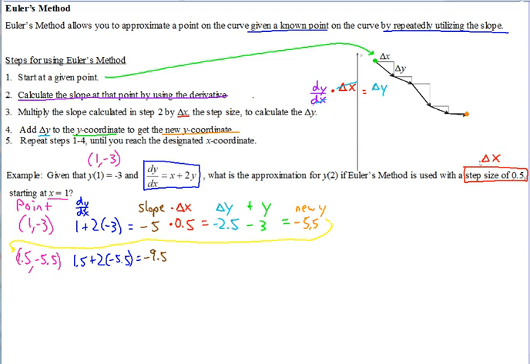Times your delta x, 0.5. Well, half of 9 is 4.5. Half of 0.5 is 0.25, so that'd be negative 4.75. And then you add the existing y coordinate, which was negative 5.5.